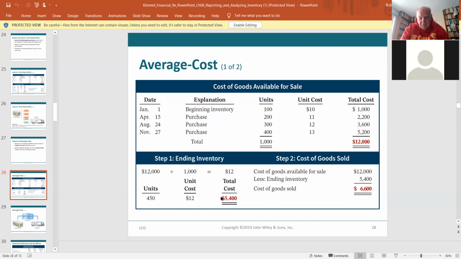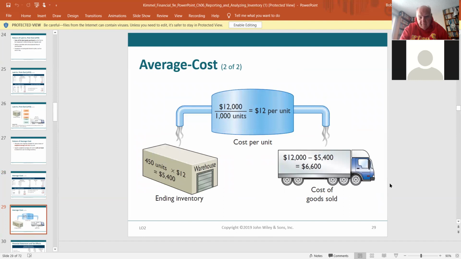Let me start again. Total cost was 5,400. The average cost was 12. 12 times 450, 5,400. Total available minus ending inventory equals 560. I'm having trouble reading that. $6,600. That would be 550 times 12. The average cost.